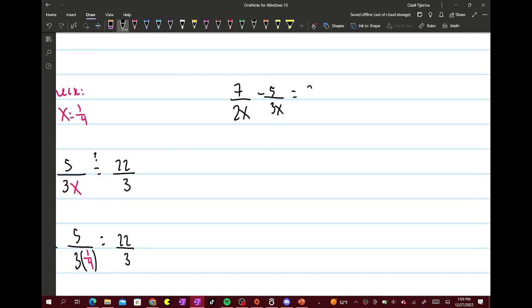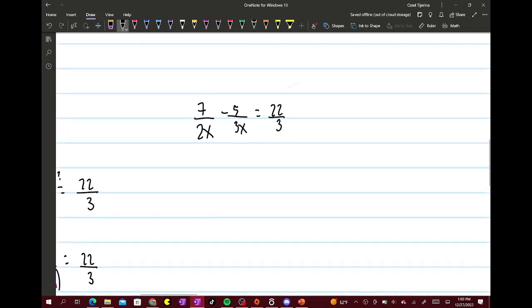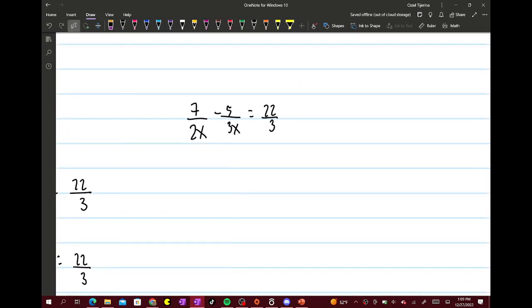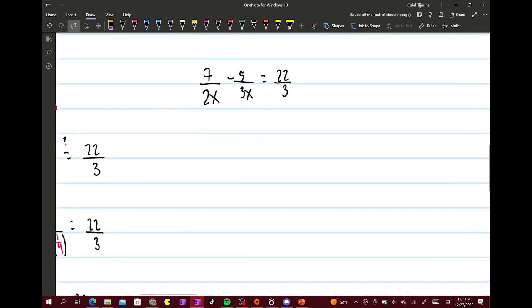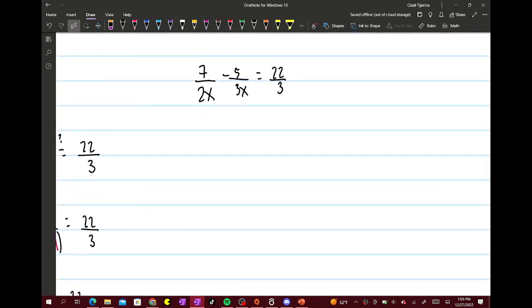If you don't know what that is, I really recommend that you learn it because it saves you a lot of time when you're adding and subtracting fractions like this. So this is 7 times 3x, so it's 21x, and then minus 5 times 2x, so minus 10x, over 6x squared, and this is equal to 22 over 3.